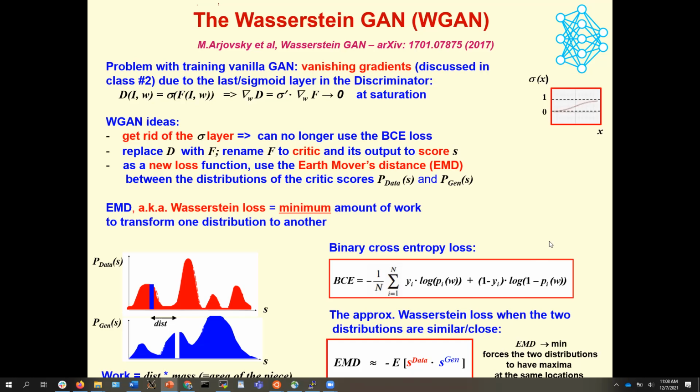For the binary cross entropy loss, in the equation, what does it mean, the W, P_i? In the binary cross entropy loss, you can look at class number 1. We discussed it in detail, but basically when we compare the Y's, it's for labels.